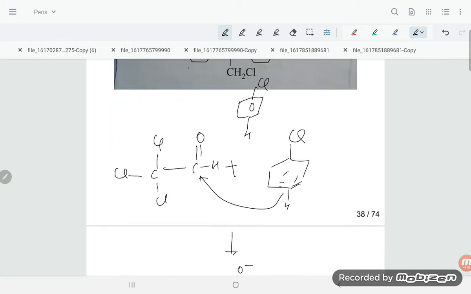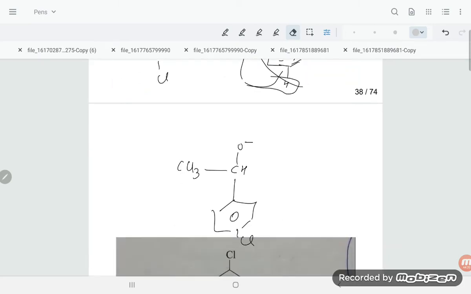Here is hydrogen, so how are we going to replace the water molecule? This way we replace the water molecule. Only then will you get the product.